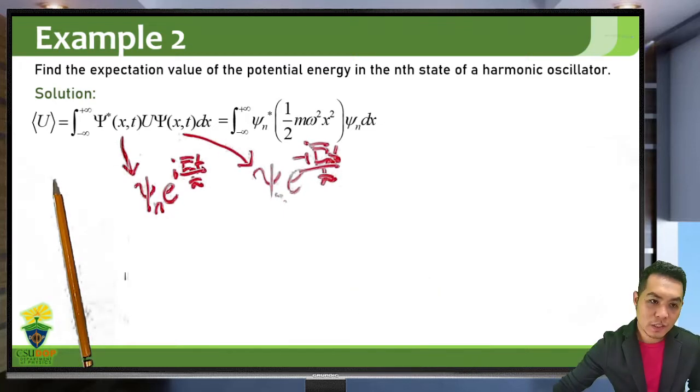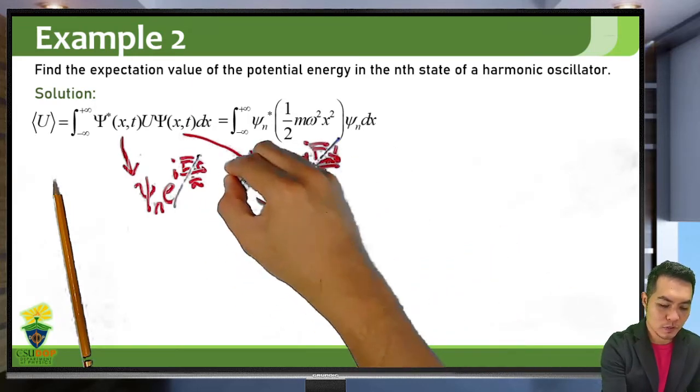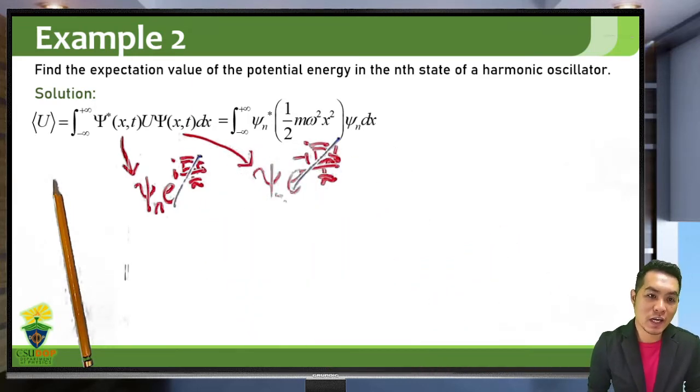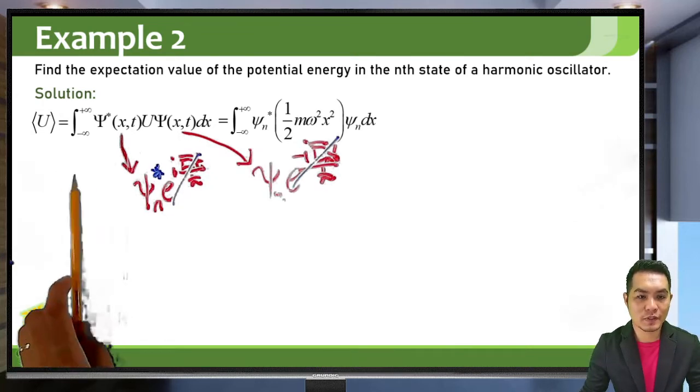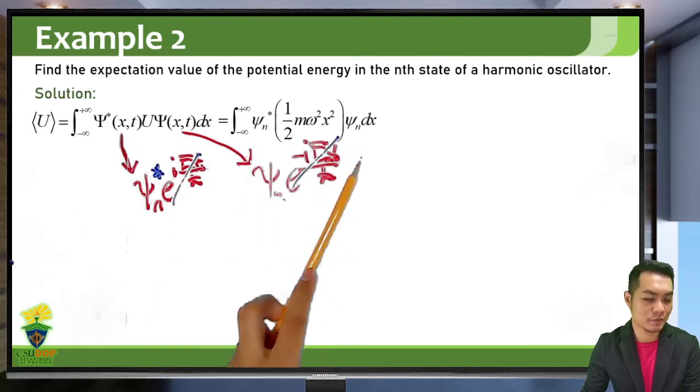The time components will cancel each other out. e to the i, e to the negative i, is e to the 0, or 1. So you will just get psi n conjugate psi n.